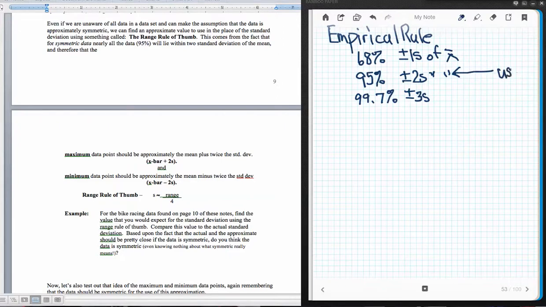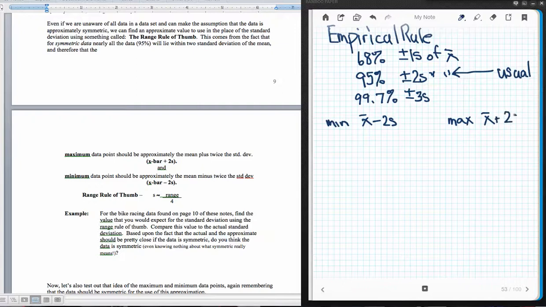Triola is big on this idea of usual. And that means that we have our minimum usually at x bar minus 2 standard deviations, and the maximum at x bar plus 2 standard deviations.